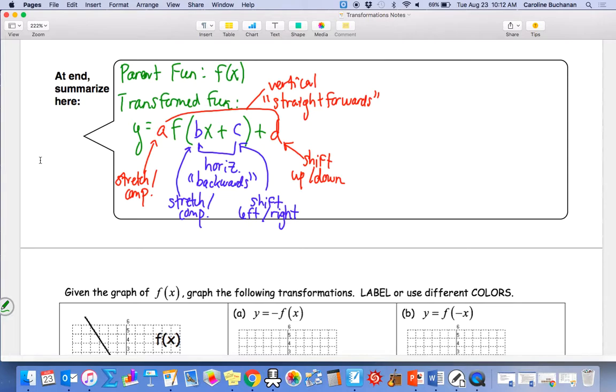So the pattern that you're probably going to recognize is when we add or subtract, this translates into a shift. When you multiply or divide, this translates into a stretch or compression. And if you have multiplication by a negative, that's going to be a reflection.